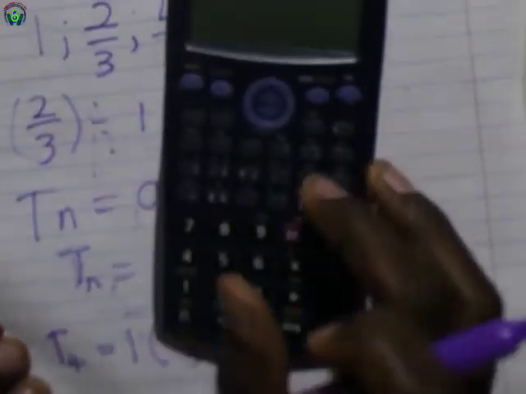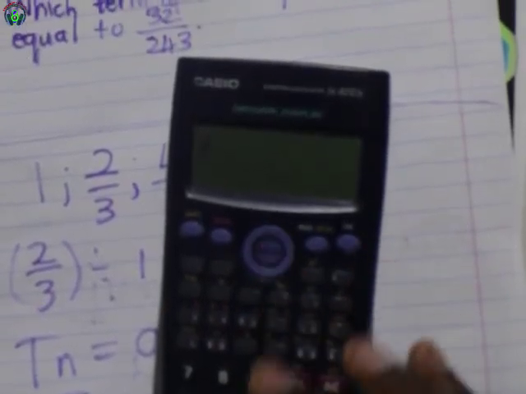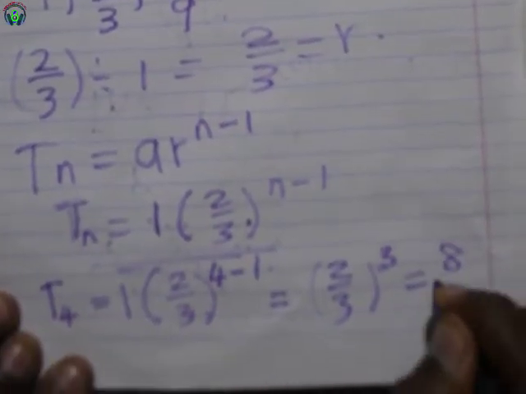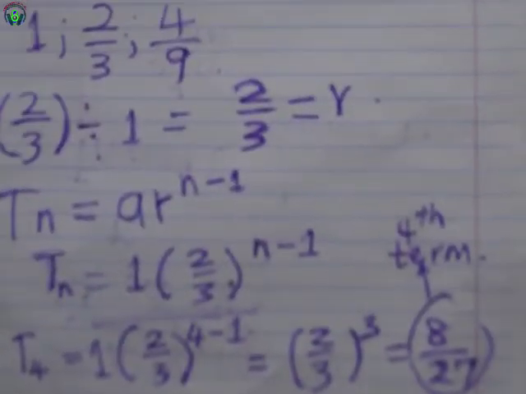So it becomes 2 over 3 to the power 3, which becomes 8 over 27. 8 over 27 is our term 4.